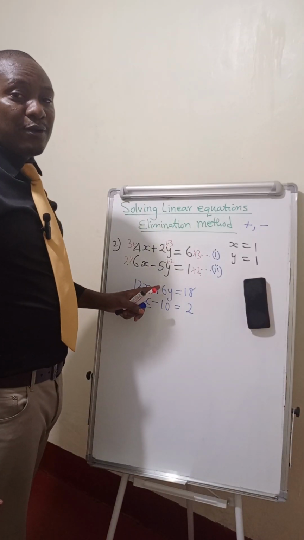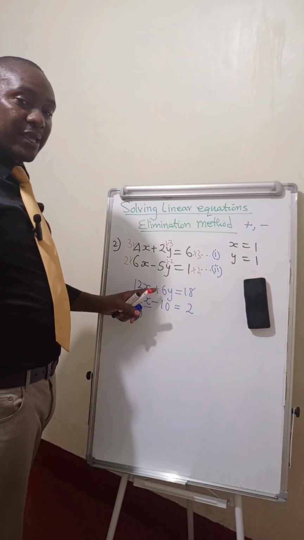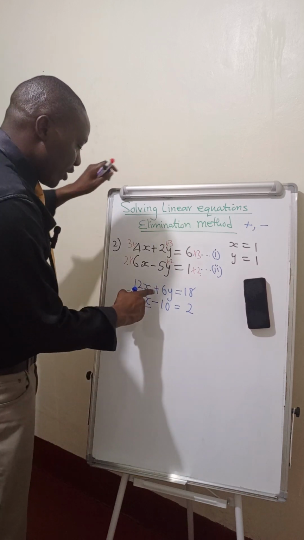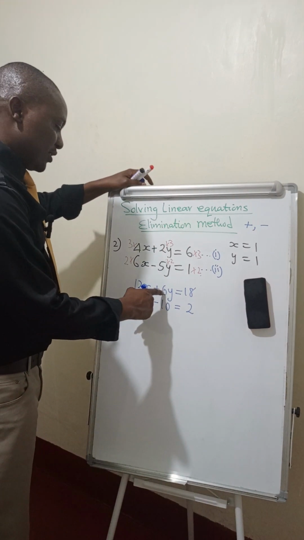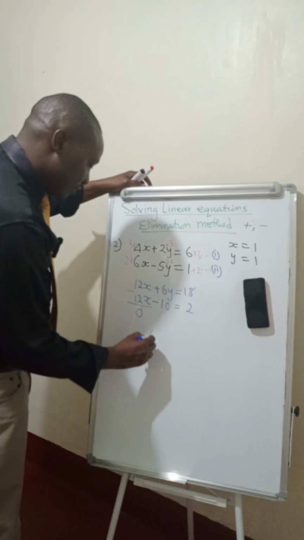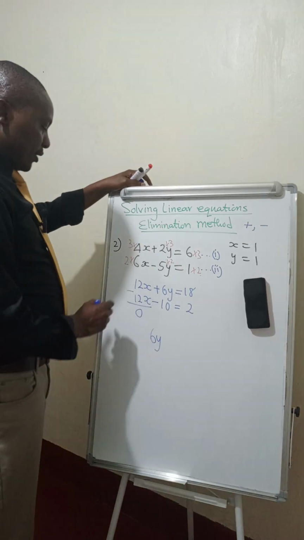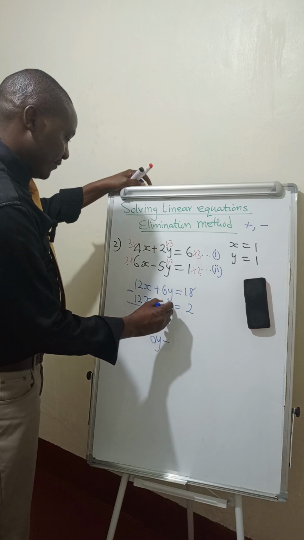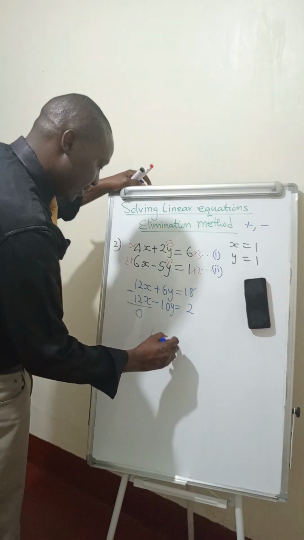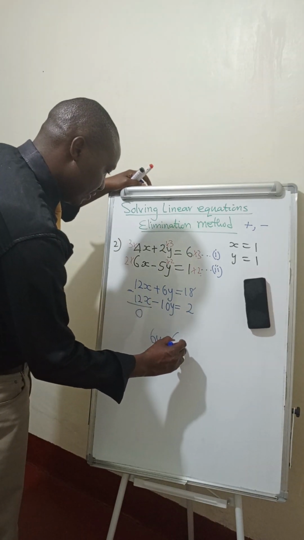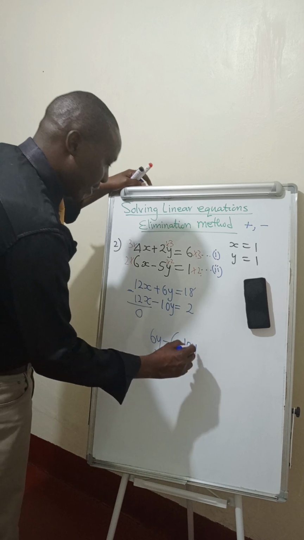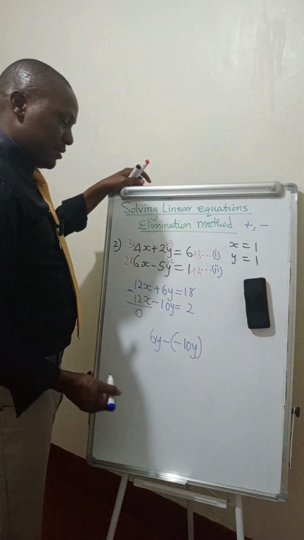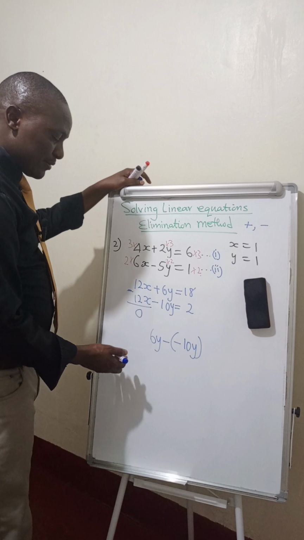Look at here. The principle of signs applies here. We have positive 6y. We have 6y subtract negative 10y. Are we here, my learners?